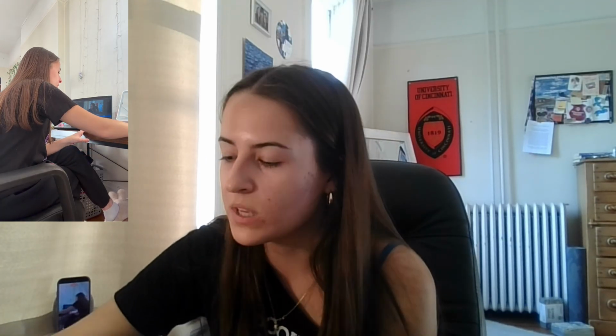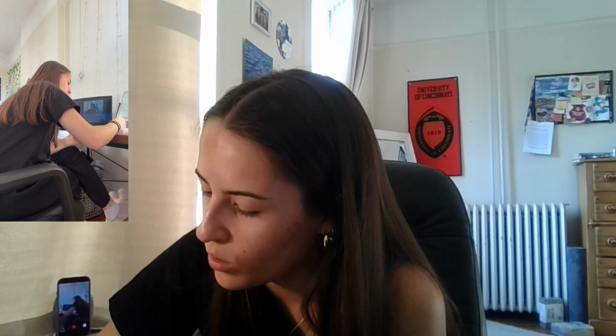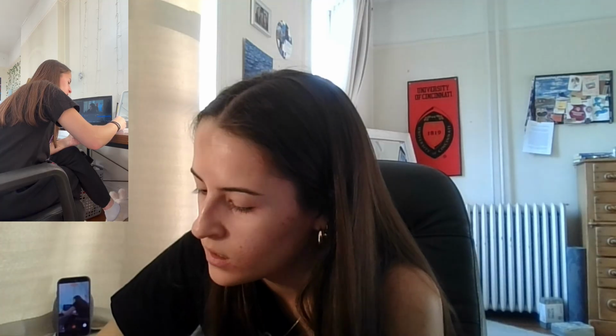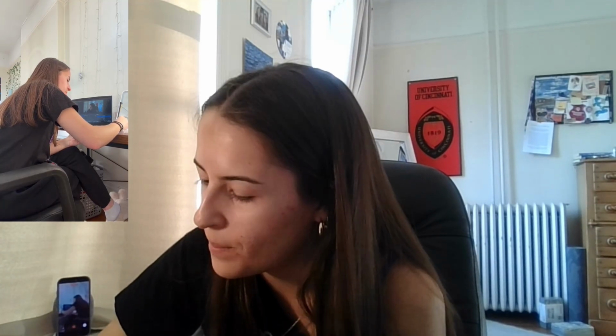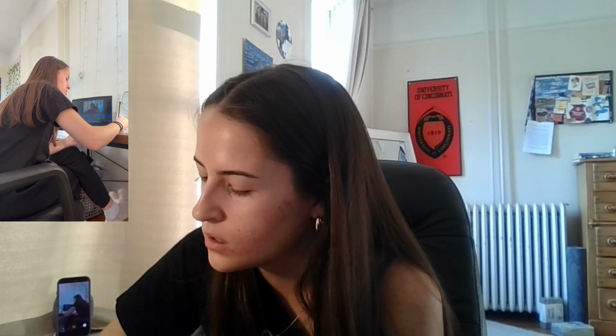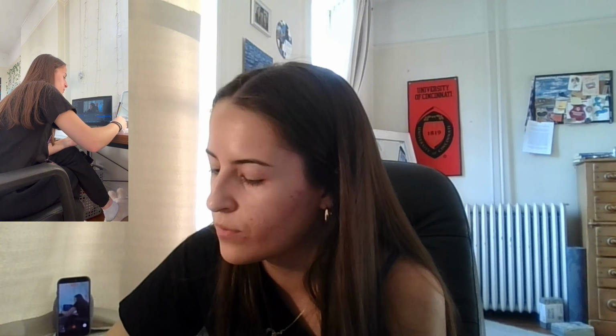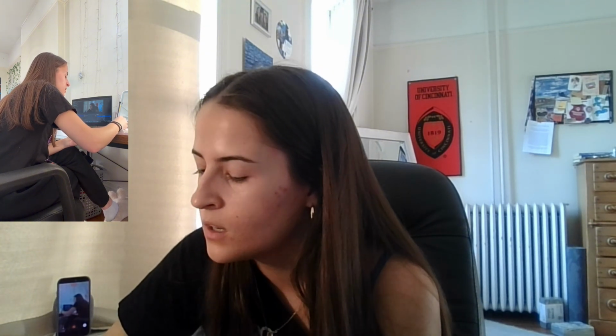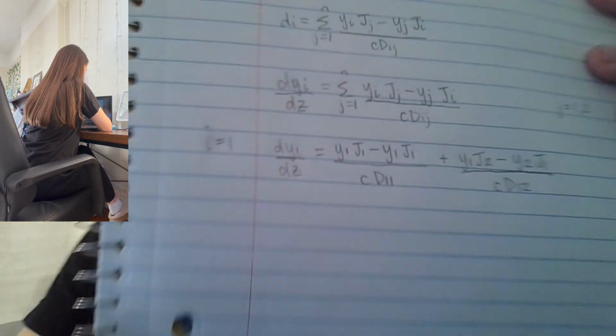Our second term, we can plug in j equals 2 now. So we will have y1 j2 minus y2 j1 over our total concentration times how 1 diffuses in 2. So this is what we have here. I'm going to go ahead and write the arrow to cross out that first term.